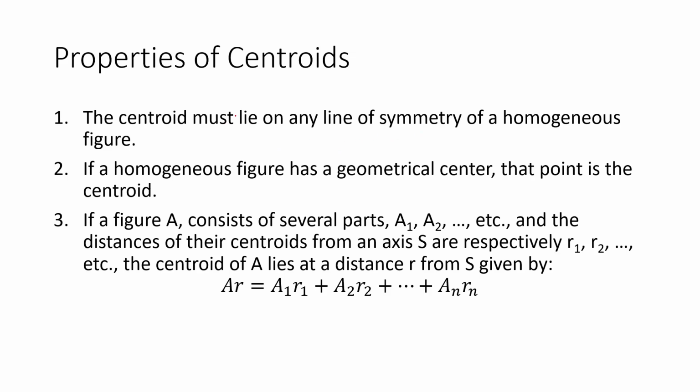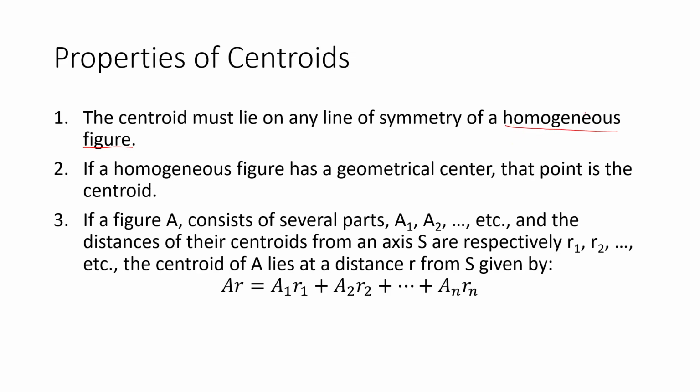Okay, so the centroid must lie on any line of symmetry of the homogeneous figure. Take note that we're going to be dealing with homogeneous figures only, meaning the material is homogeneous. But in our case, since we are just solving for the area, not the weight or the center of mass, we can just ignore this one.